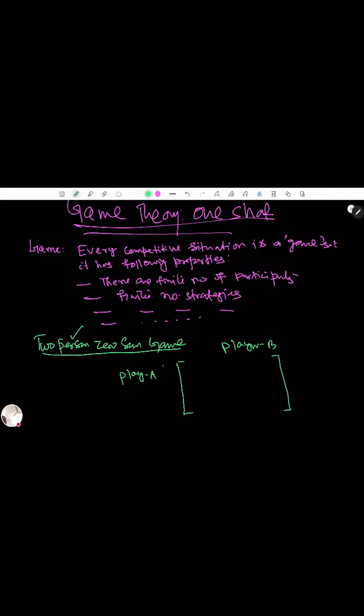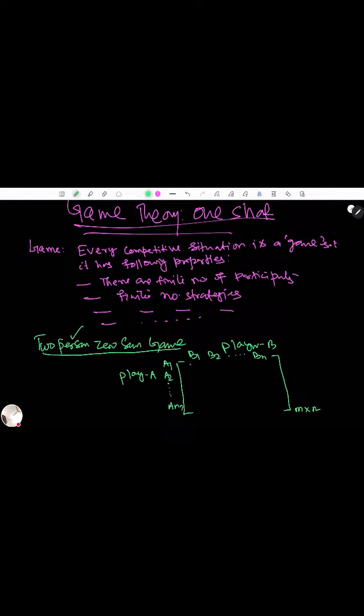Player A has the strategies A1, A2, and so on, Am. Player B has the strategies B1, B2, Bn. It is an m cross n matrix, say. So when player A adopts one strategy and player B adopts one strategy, the game is being played.